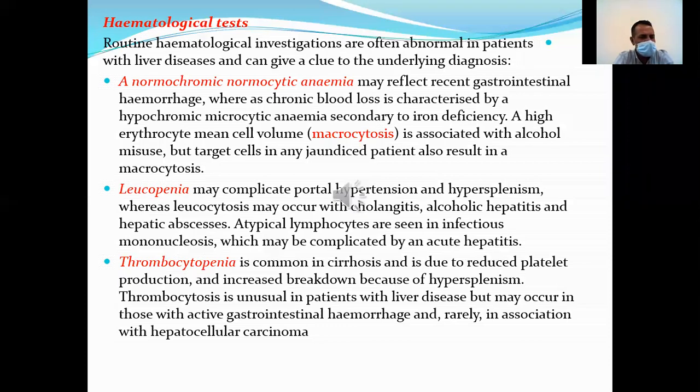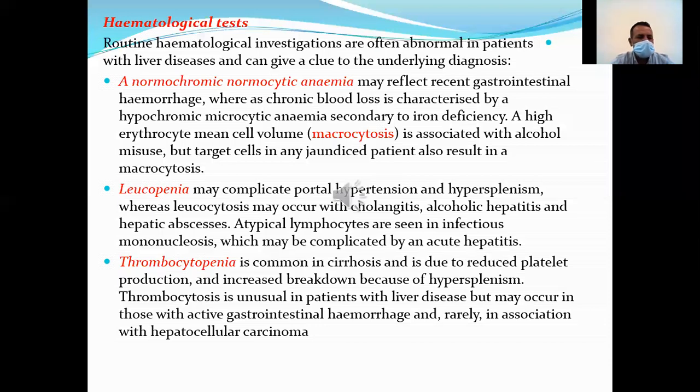Atypical lymphocytes occur in infectious mononucleosis, which may cause hepatitis. Thrombocytopenia, another abnormality in the blood, is common in cirrhosis due to hypersplenism, okay? Or increased breakdown because of hypersplenism.